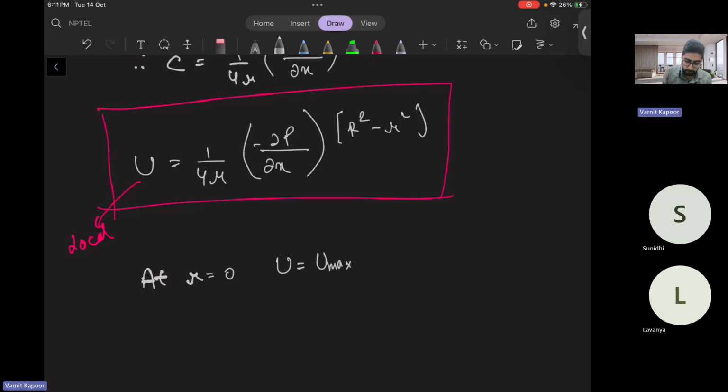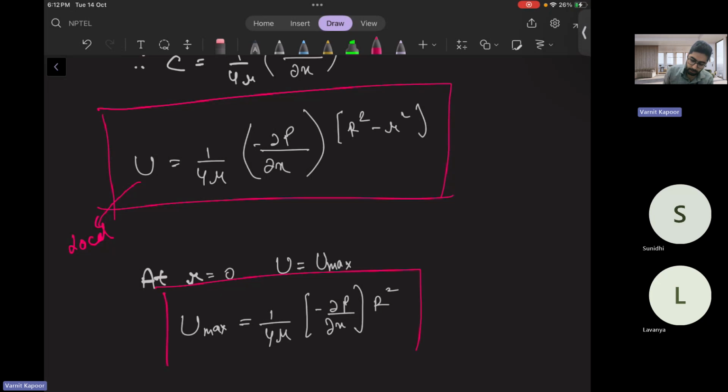So what will be the maximum velocity? Put this value in the above relation: u max is 1 by 4 mu, minus dou p by dou x, into capital R square. This is your maximum velocity.